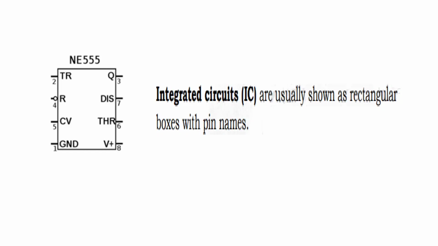Third pin is Q. Fourth pin is R. The fifth pin is CV. Sixth pin is THR. And the seventh pin is DIS. So that is the integrated circuit. There are several different pins and each pin has its own name.